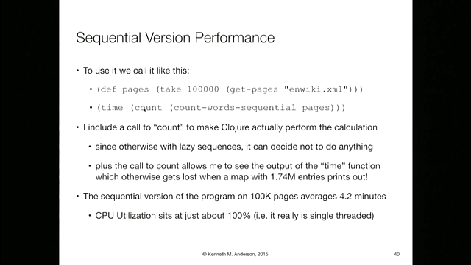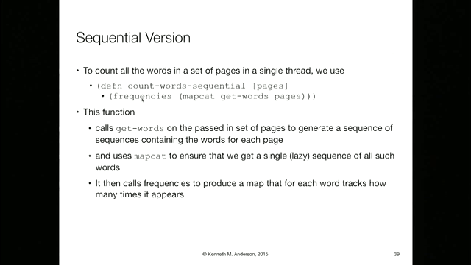And then here I actually have to include a call to count because this is a call to frequencies. And if I remember right, getWords returns lazy sequences, mapcat returns a lazy sequence, and frequencies, I know frequencies turns into a map, so I'm not sure.